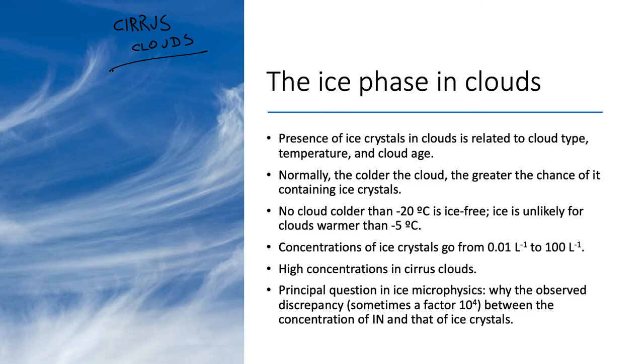There can also be different ways that the crystals grow. Within the same type of phase, the crystal can grow in different ways according to temperature, pressure, and whatnot. We call these ice habits, and we'll talk about them in a few slides.